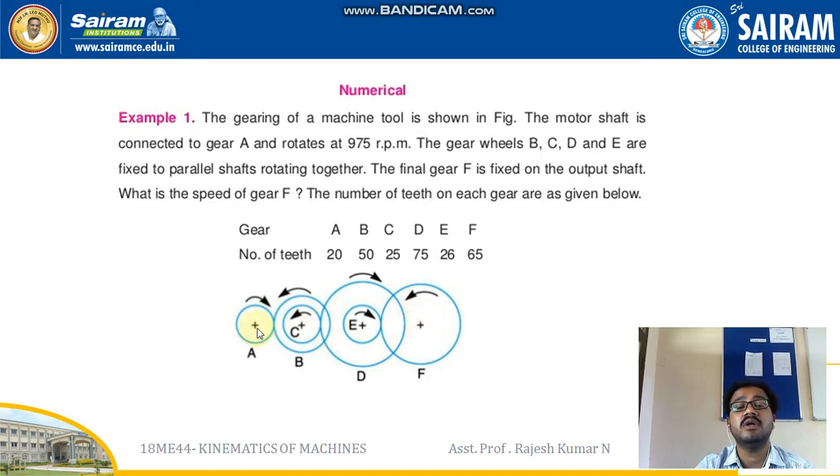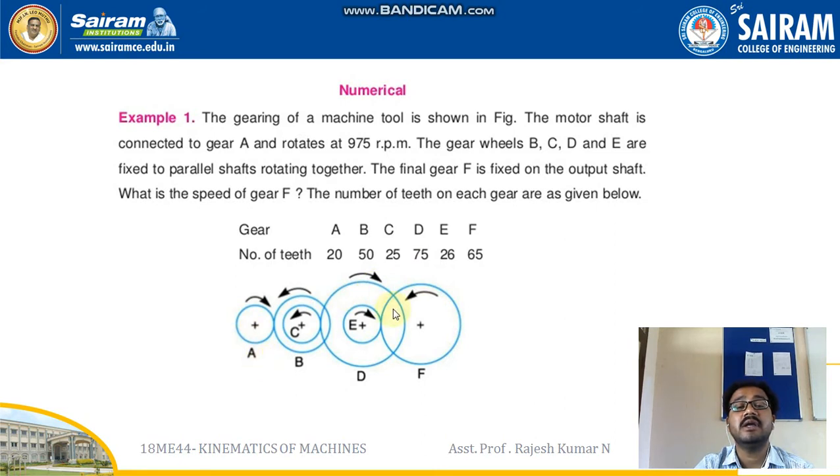Before moving to the equation, we know that if gear A, the driver, is rotating in the clockwise direction, then the final gear, whether there are two compound gears or three compound gears, should rotate in the direction opposite to the driver. If the driver is rotating clockwise, then the follower should rotate anti-clockwise.